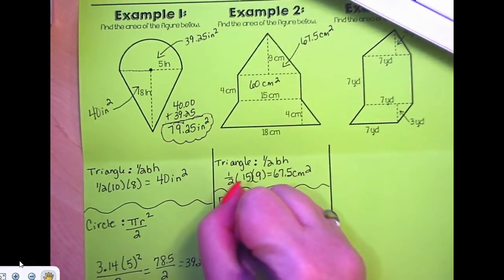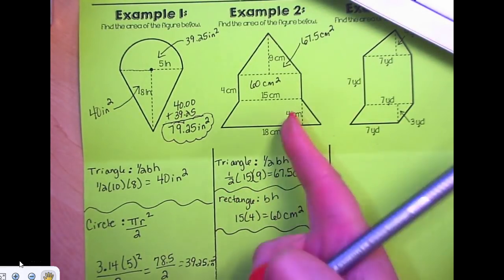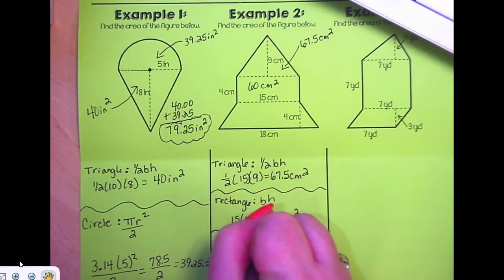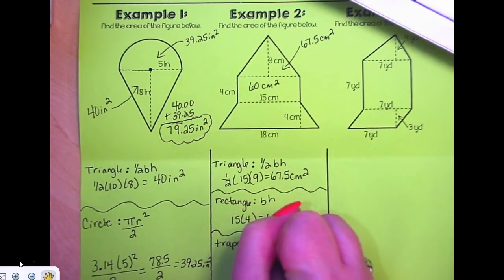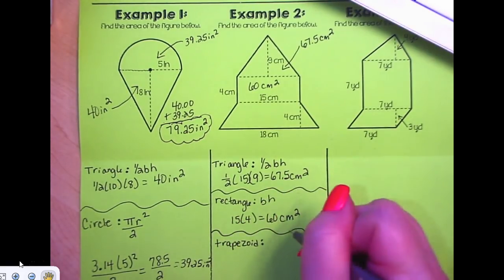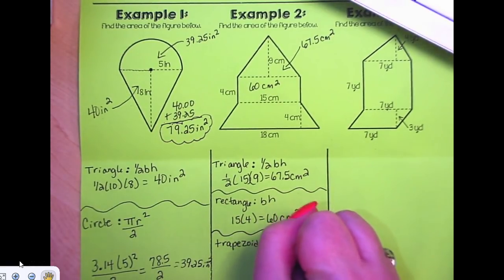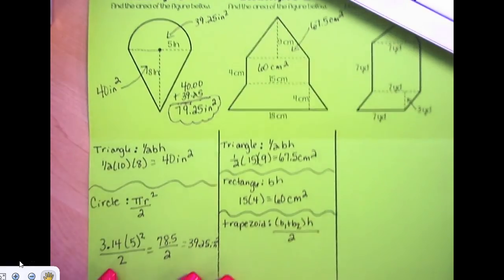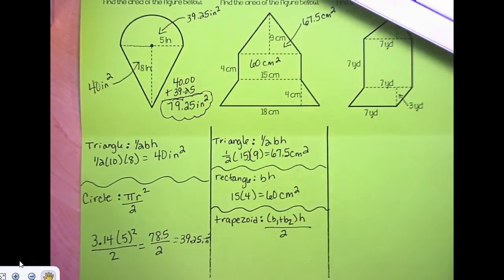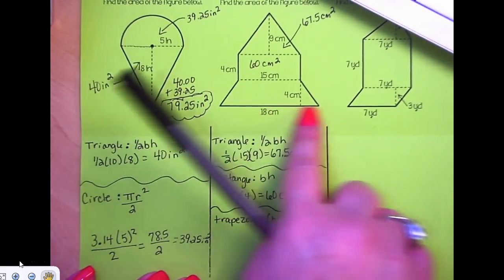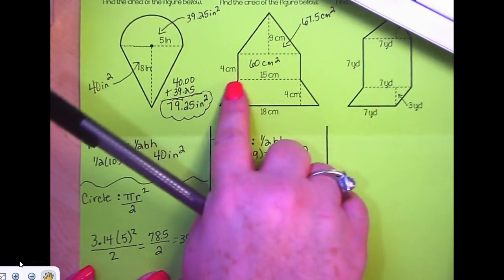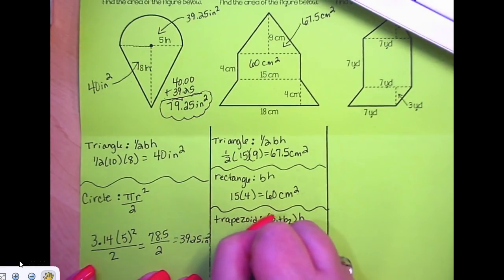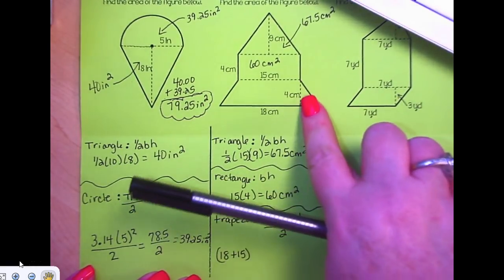The last one, which I think is the most difficult, is the trapezoid. It's base 1 plus base 2 times the height divided by 2. So base 1 of the trapezoid is 18 and base 2 is 15. 18 plus 15 times the height. The height's right here.